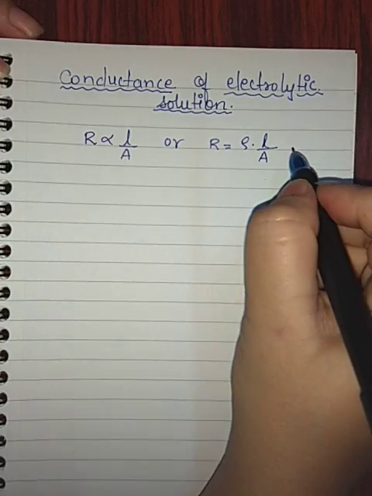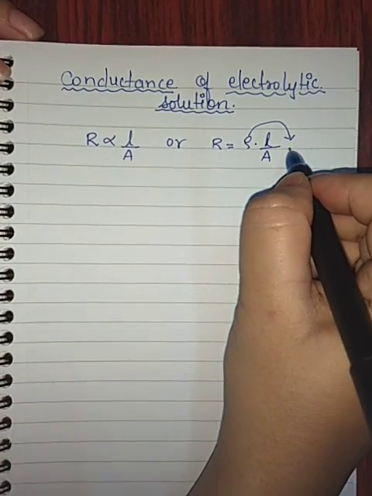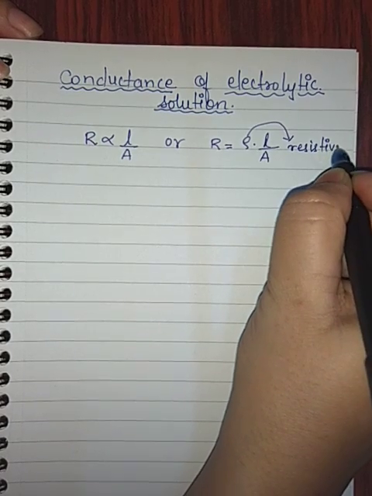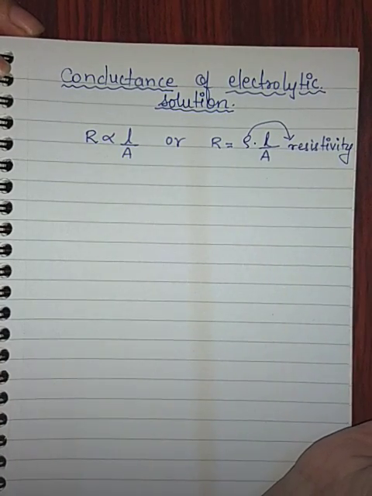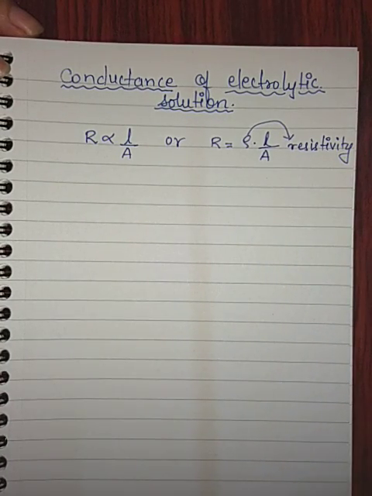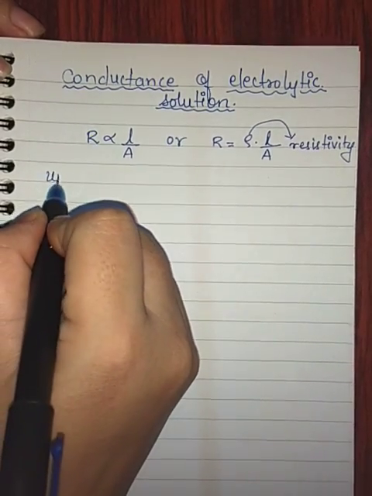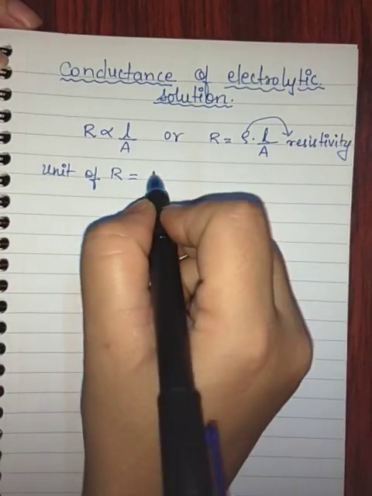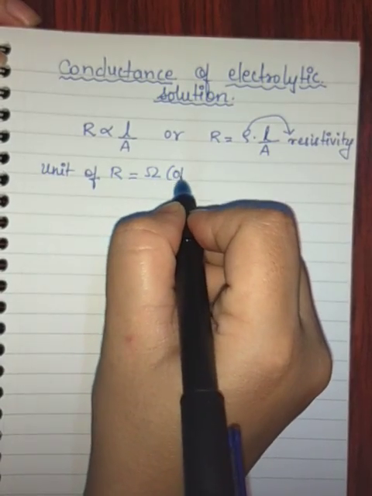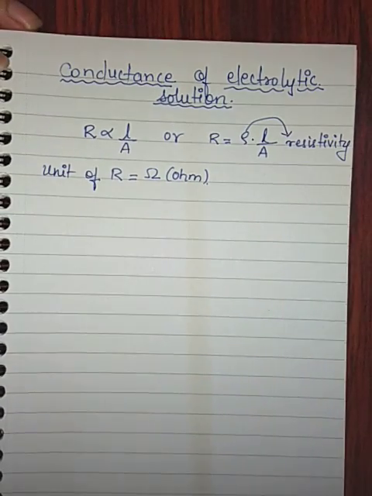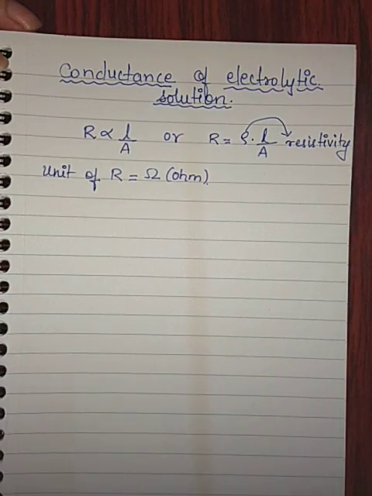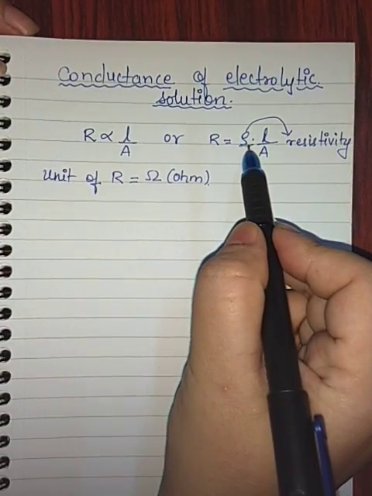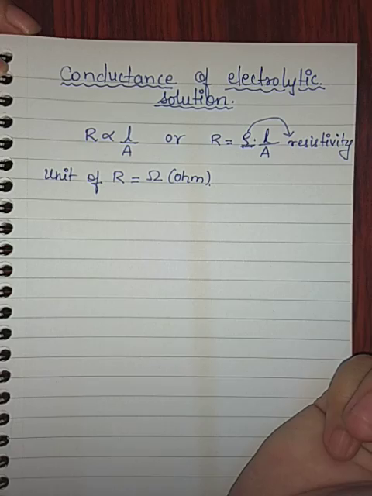Now what is rho? Rho is called resistivity. It's a constant which is called resistivity. Okay, we know the units of R, that is resistance, is ohm. Or if we solve it, the unit of resistivity, that is rho, given over here.